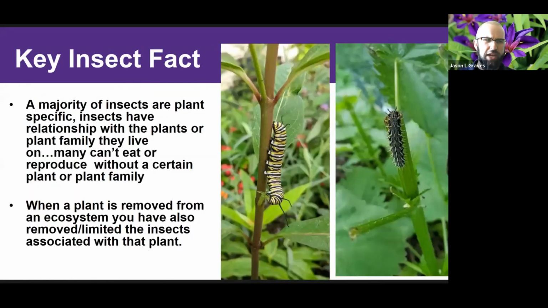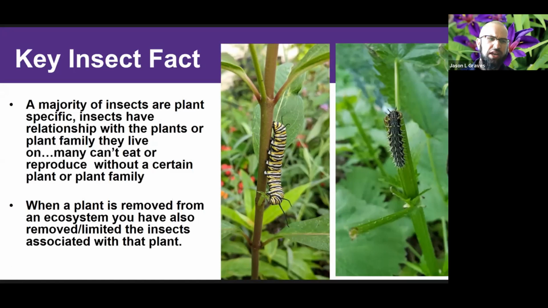I think Pam mentioned this fact a couple weeks ago when we talked about native plants, but the majority of insects are plant specific. She highlighted that insects have specific relationships with plants or plant families. Sometimes if we don't take time to think about it, we just assume insects are going to consume anything and everything. And that's not how it works, due to the leaf chemistry and the defensive compounds that plants are made of.